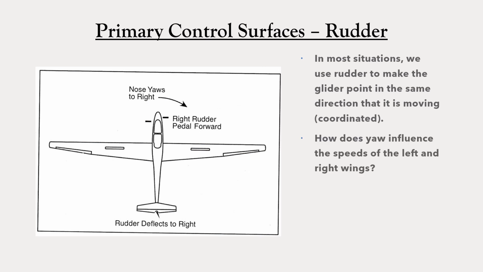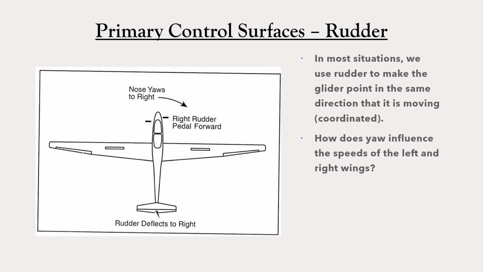So there's also some secondary effect with rudder, and it has to do with the speeds of the wings. When you are yawing the glider to the right like this, the left wing will be moving a little faster than the average speed of the glider. This right wing will be moving a little slower.